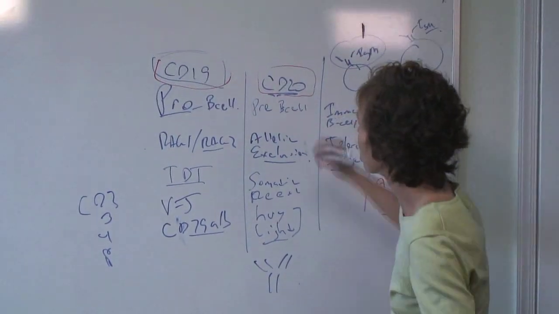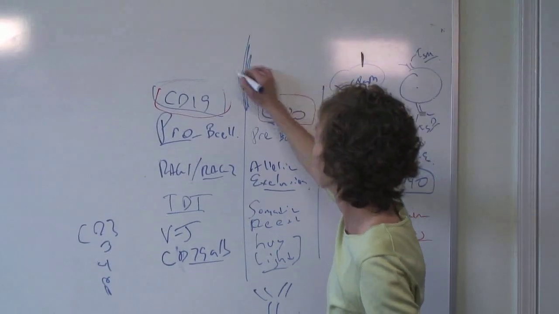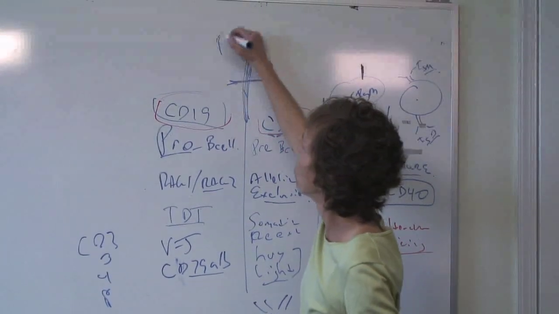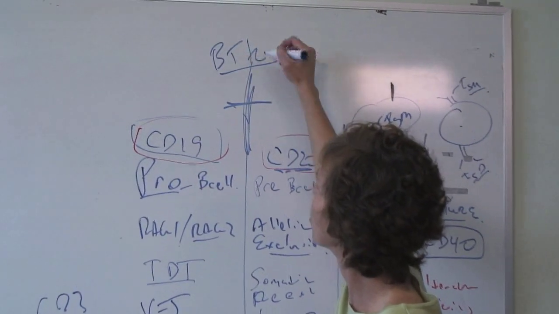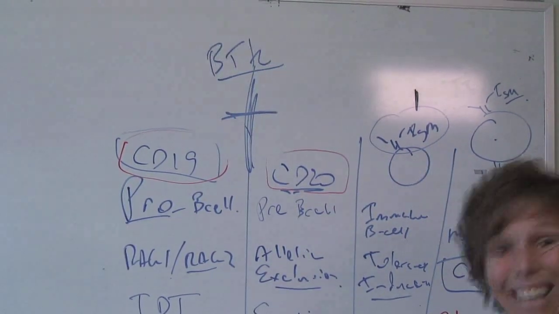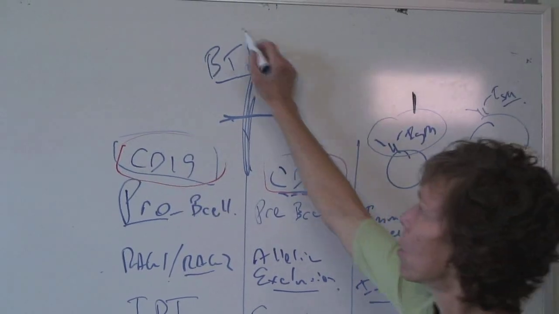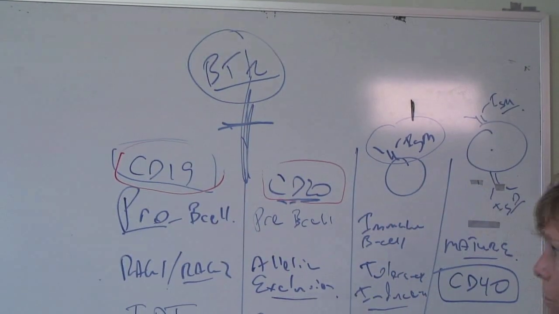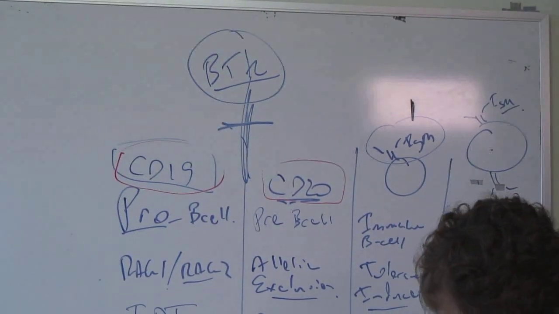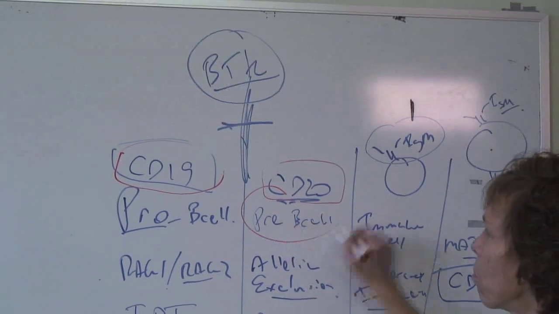In this stage right here, there's an enzyme called BTK, Bruton tyrosine kinase. If you don't have this BTK, you actually stop development at the pre-B cell.